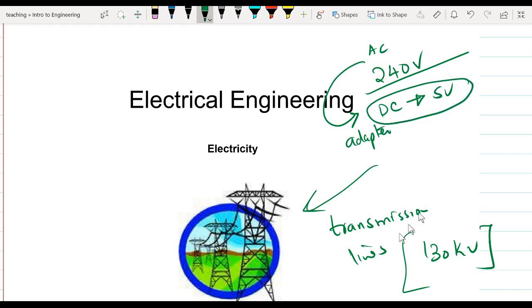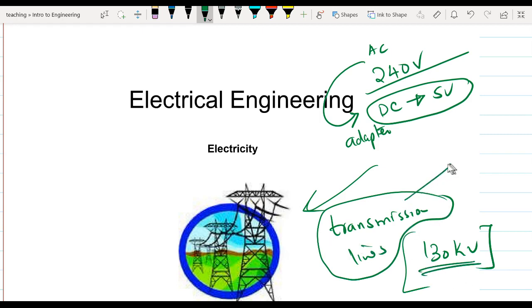But all this comes from these transmission lines that carry high voltage, and the high voltage is transmitted on purpose, because at high voltages, as you will observe in your advanced level of electrical engineering, there is low power loss.